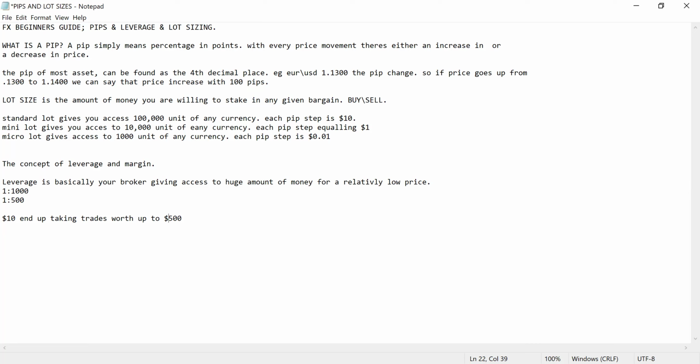Okay. So let's also talk about margin, because a lot of people ask what margin is. Margin is basically the money you pay down, the down payment you make for the leverage your broker gives you access to. If you go to your account right now, you see something like margin.